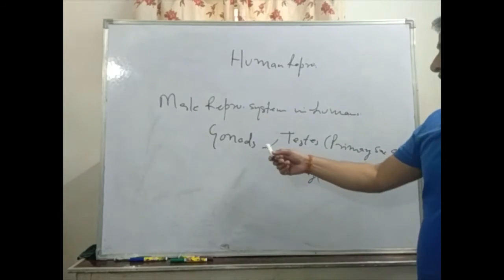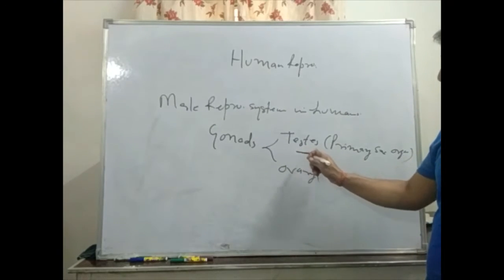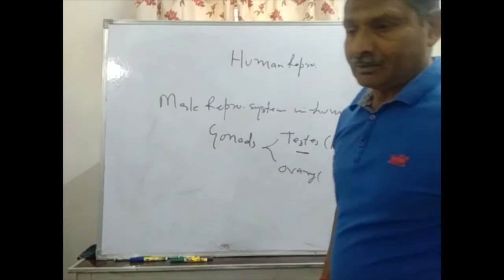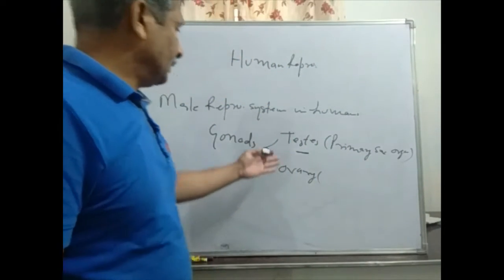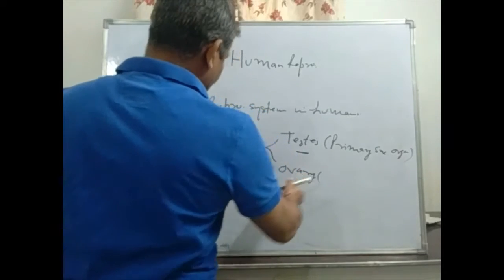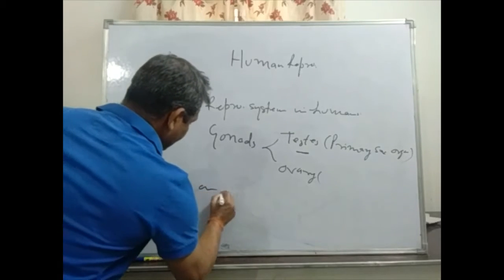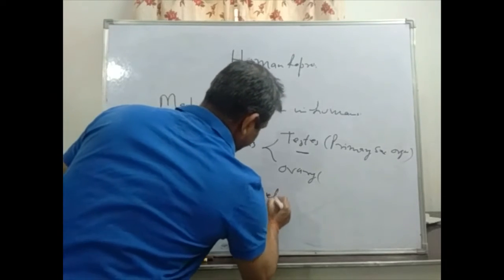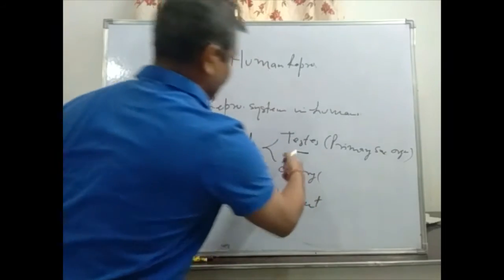When we talk about the male reproductive system, the testes are gonads, and production of the sperm takes place in the testis. So that's why we say it's the primary sex organ, because production and development of the sperms takes place in the testes.